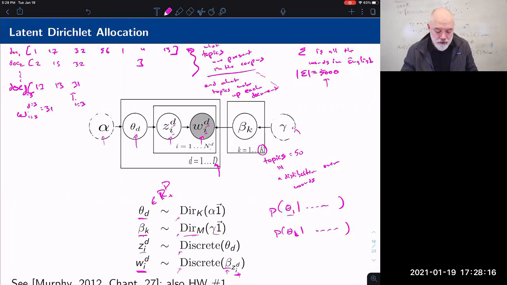What is the posterior distribution of beta 1?